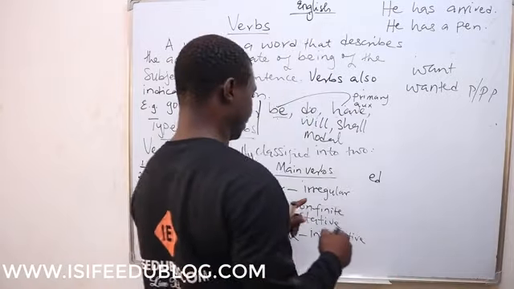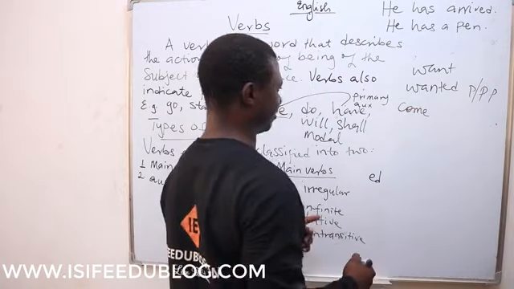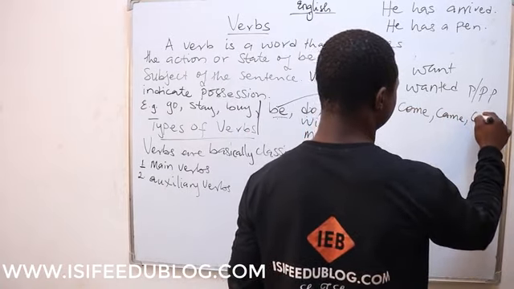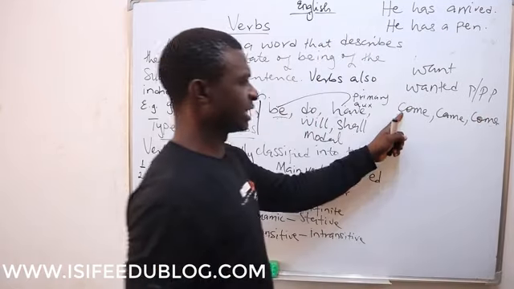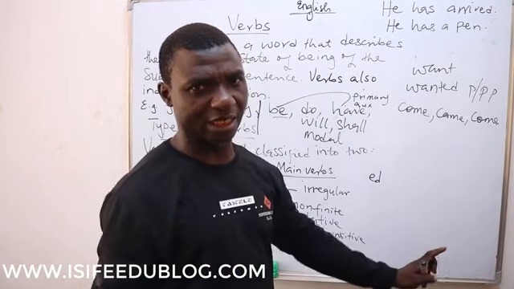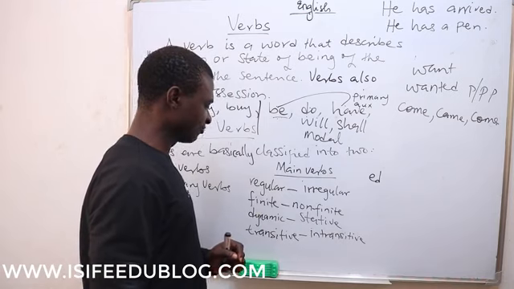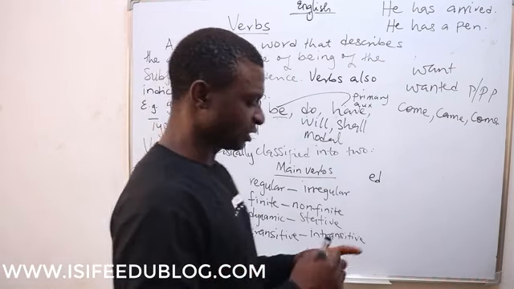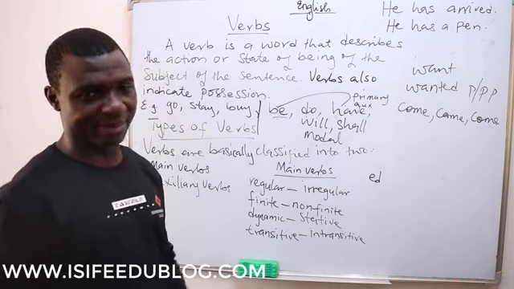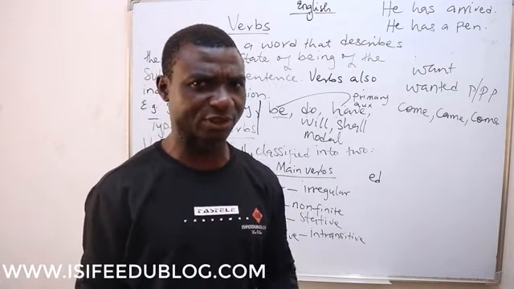Then, the verb come is an irregular verb. Come, came, come. So you see, present tense come, past tense came, past participle come. Irregular. Then finite. The finite verb is the verb that is actually working as a verb in a sentence. Sounds funny, right?